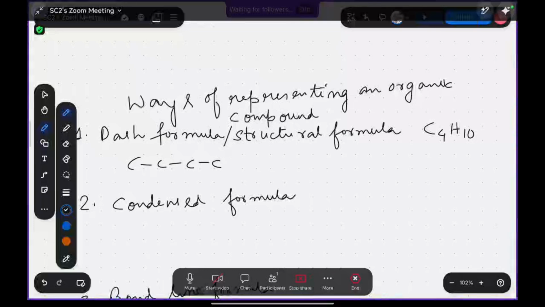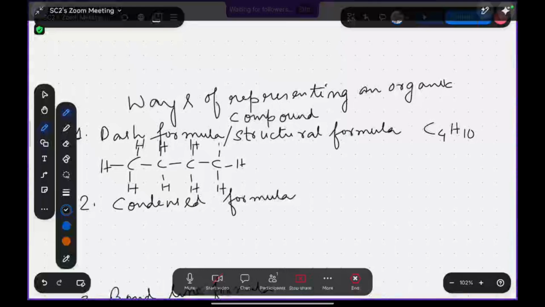It simply means that all the bonds are represented individually. That means all the 4 carbon atoms are shown and all the hydrogen atoms are also represented with the bonds, which, I think you can understand, is very hectic. Suppose here I have taken only C4H10.